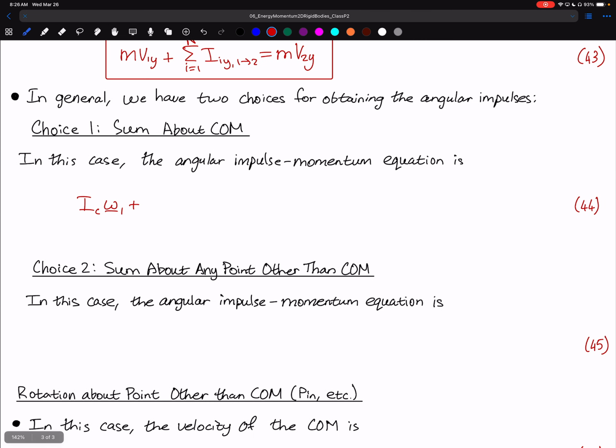So then we'll get I sub c times omega 1 plus the summation i equals 1 to big N of the integral from t1 to t2 of r sub i crossed with F sub i dt.